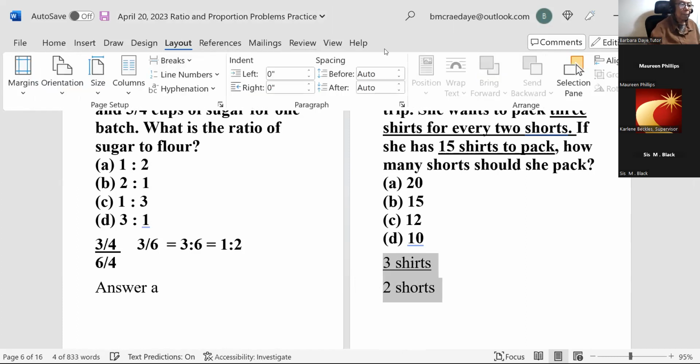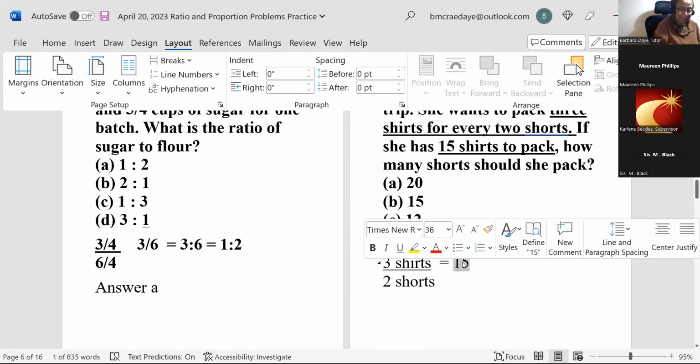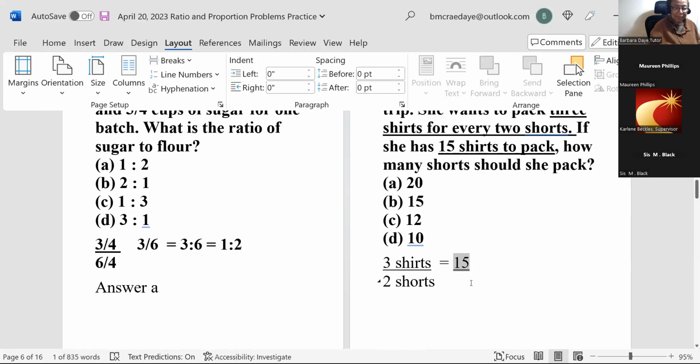We're gonna get 10. What did you say? She had 3 shirts, right? This equals 15 shirts over X.